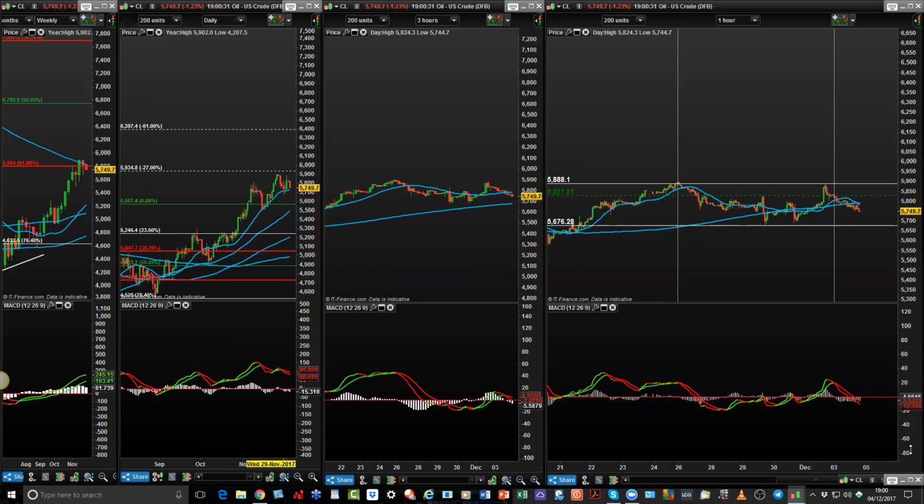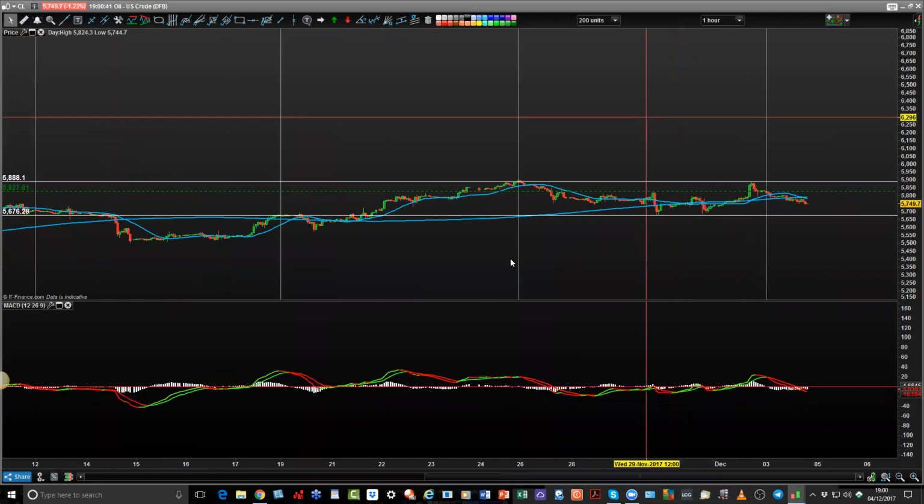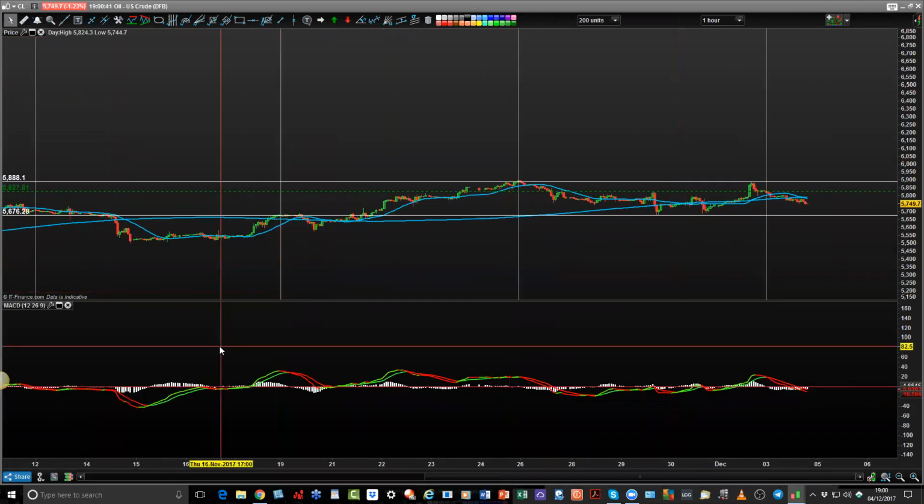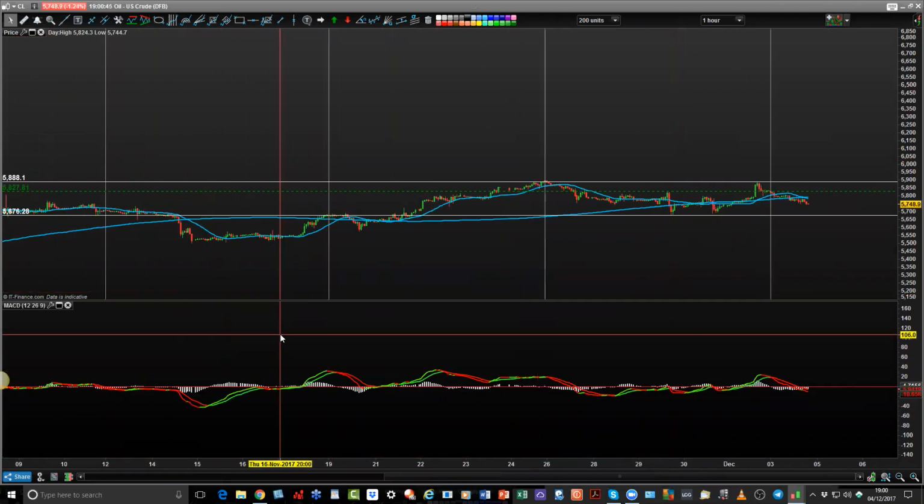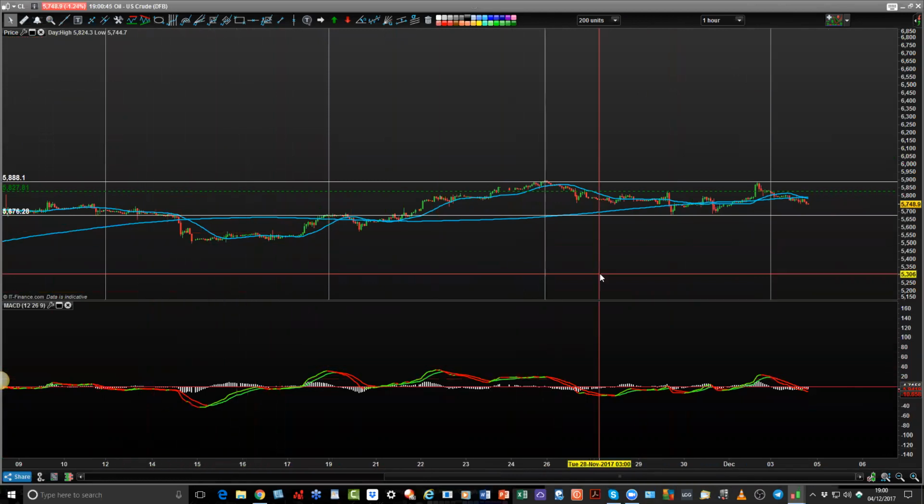So let's just look at some recent examples of MACD. I think one good one is oil. If we look at this oil, this is a 60-minute chart, sectioned off week by week.